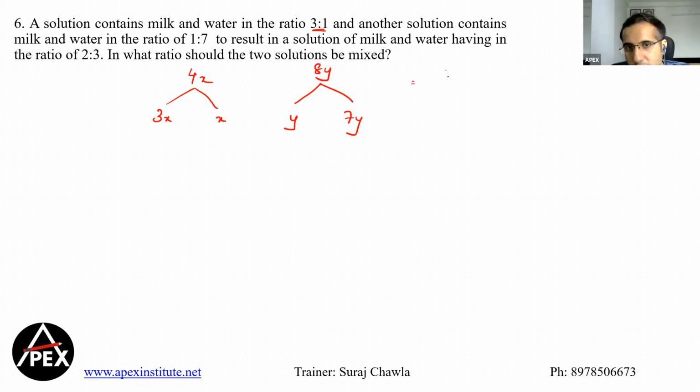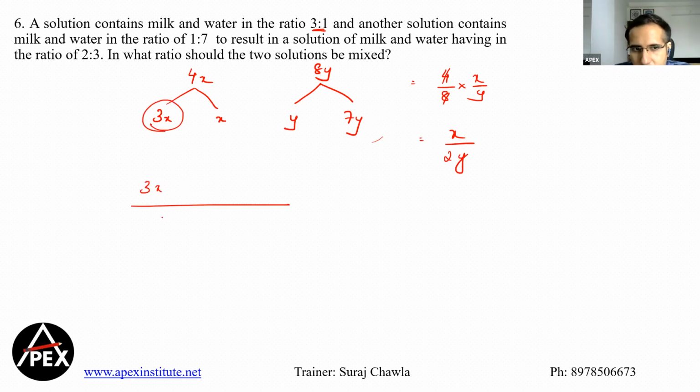So in what ratio they are mixed? 4x by 8y, which means they are mixed in the ratio of x by 2y. Clear? Right? Now, the milk component from the first part is 3x and the water is x. The milk from the second part is y and the water is 7y.